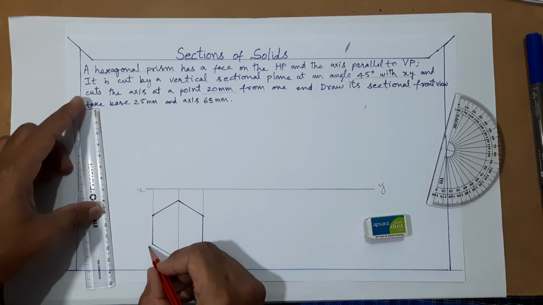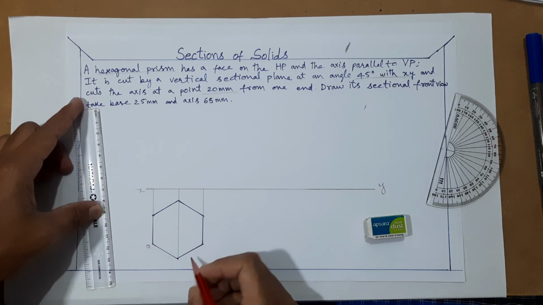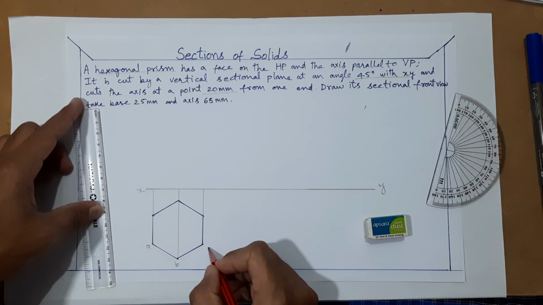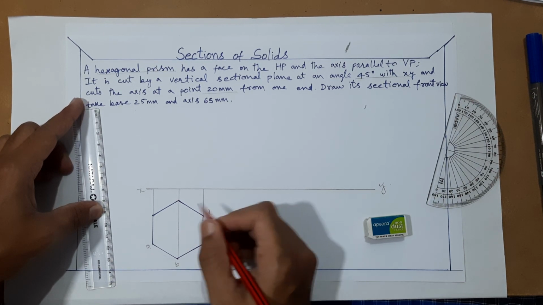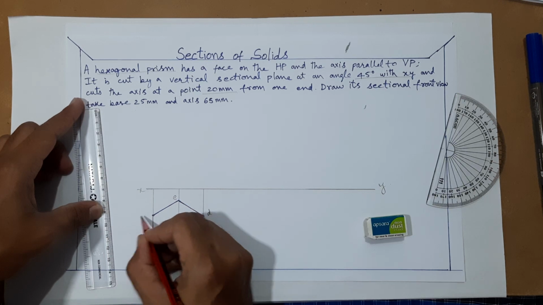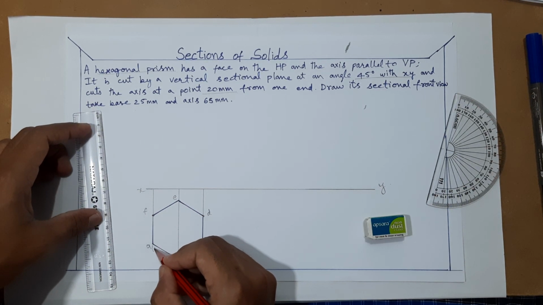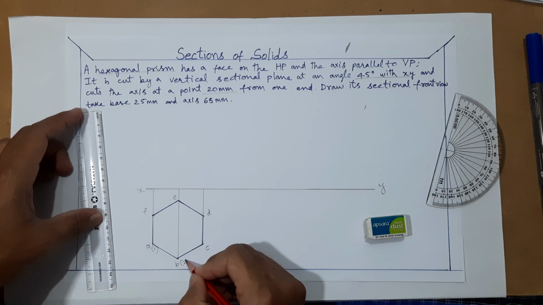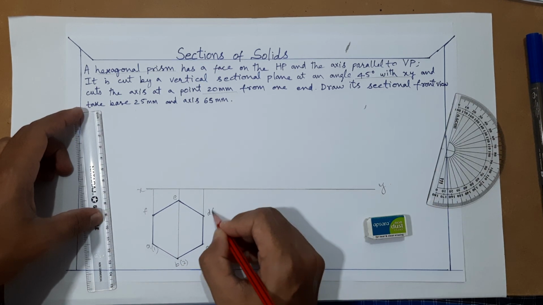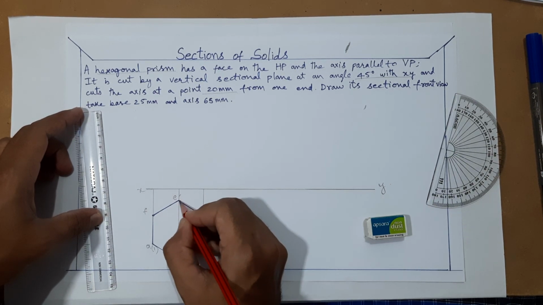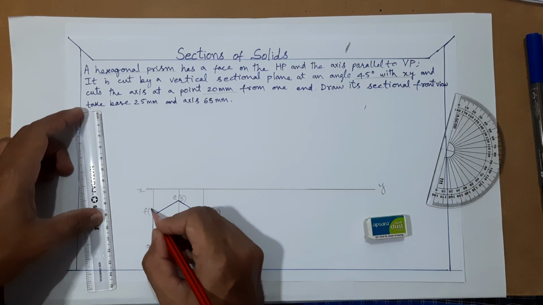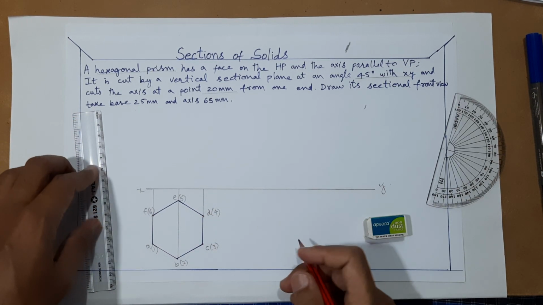Say numbering we will do from here: A, B, C, D, E, and this is F, followed by A bracket 1, B bracket 2, 3, 4, here comes 5, and this is the sixth one.